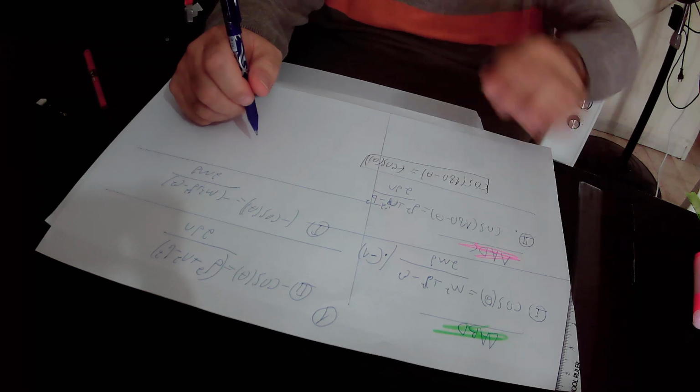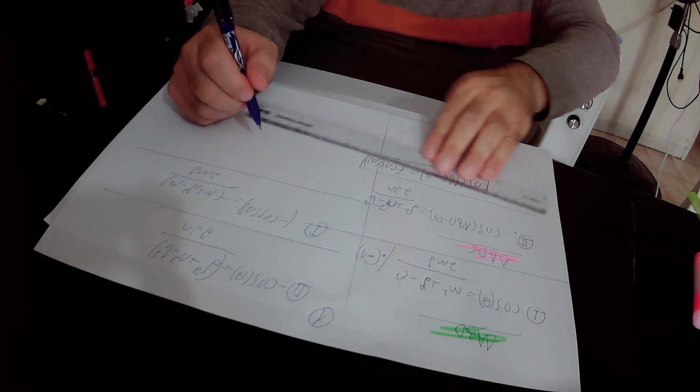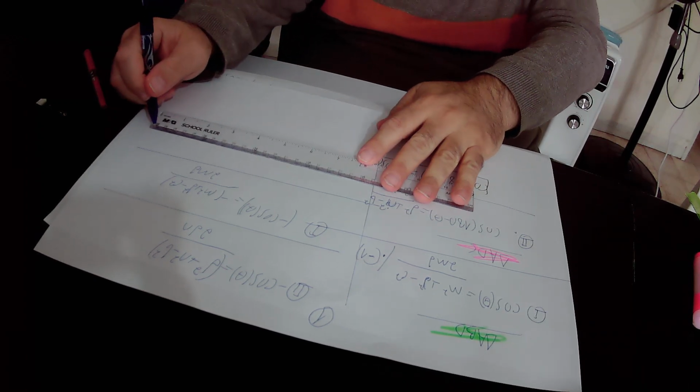So we have here two different expressions for minus cosine theta.